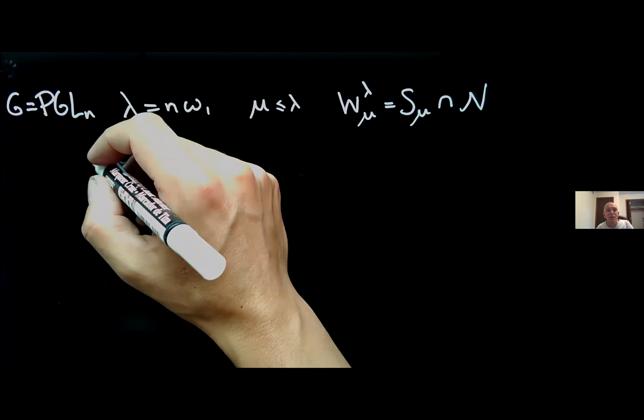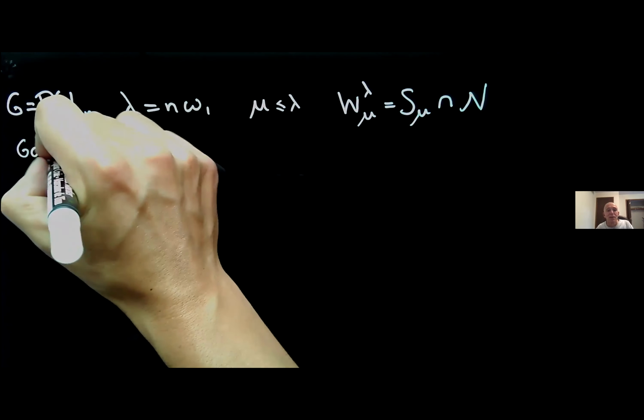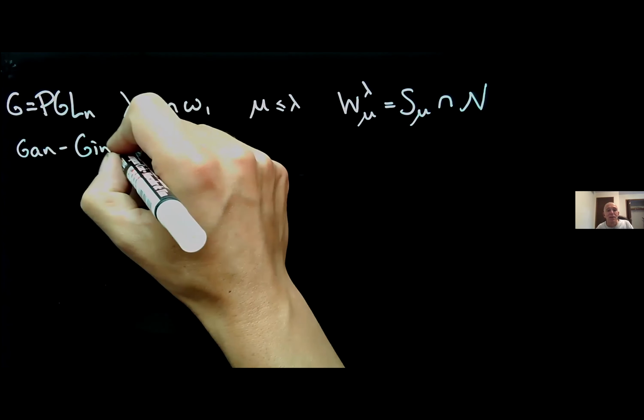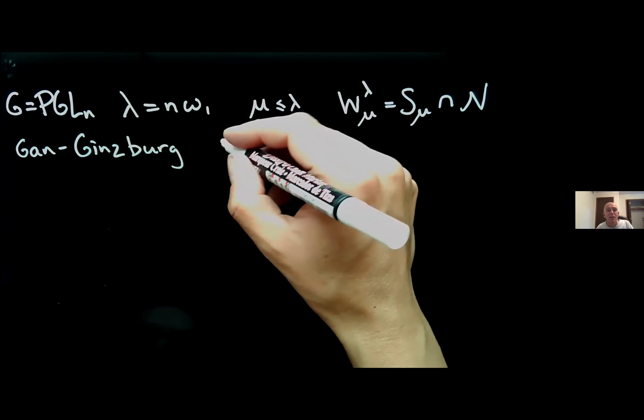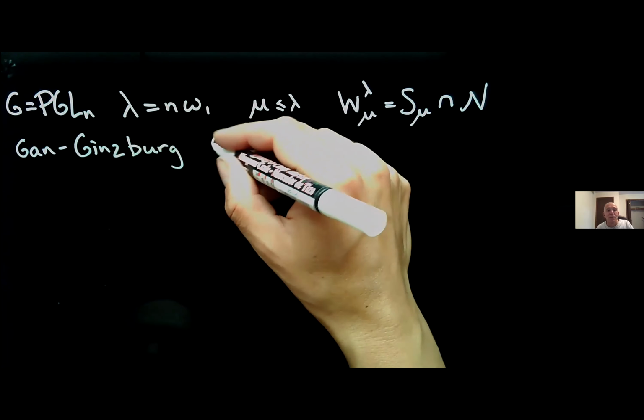And by the results of Gan and Ginzburg from maybe 20 years ago, these Slodowy slices can be obtained by Hamiltonian reduction by a unipotent group.